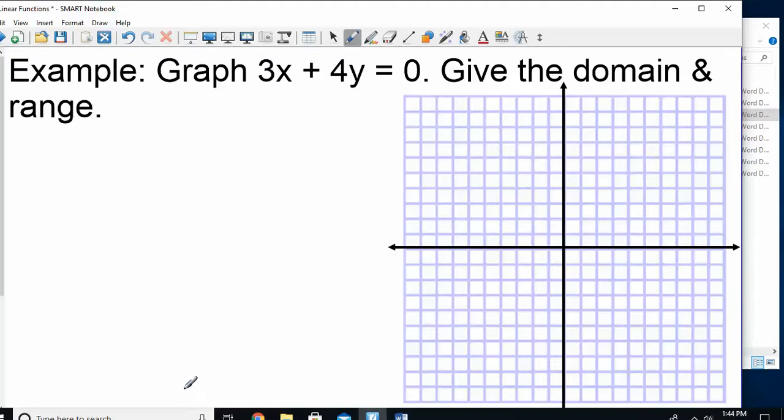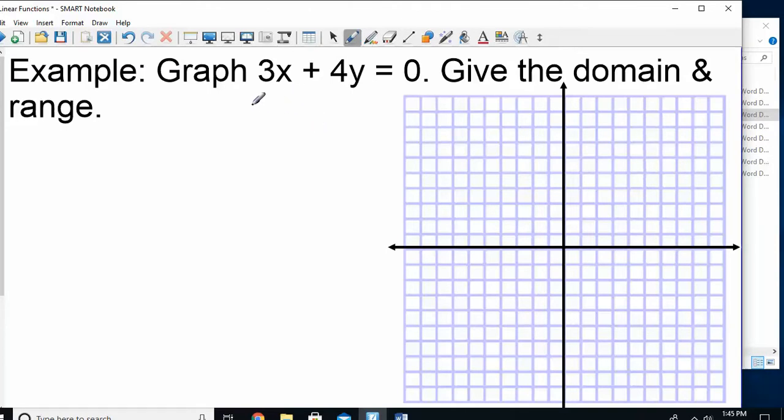So if I give you something in standard form and ask you to graph it, what do we do? Is it easy to graph when it's written like this? Not especially. What would make it easier?